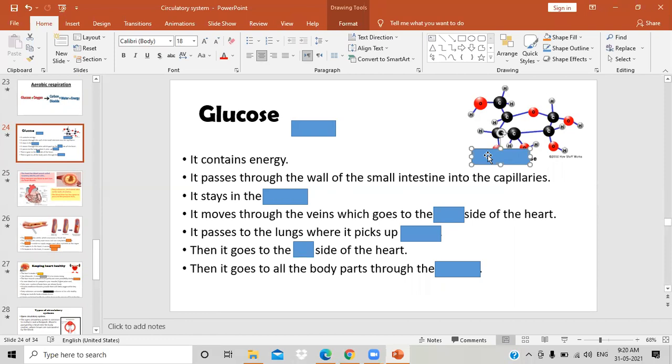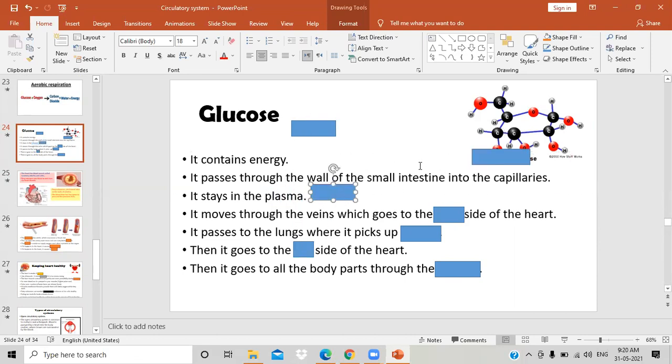Whether what you eat is carbohydrates or proteins or whatever, the main aim of eating is to produce enough energy for your body to perform every single thing, even moving your arm. So energy is needed from the glucose because of all of this.